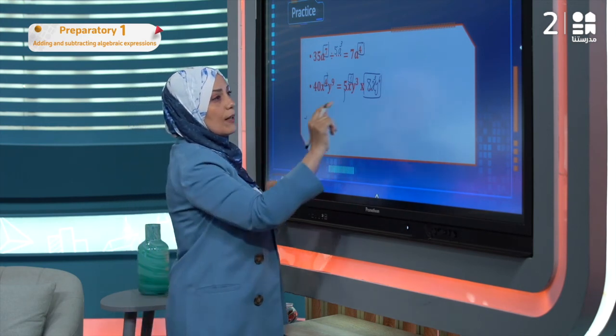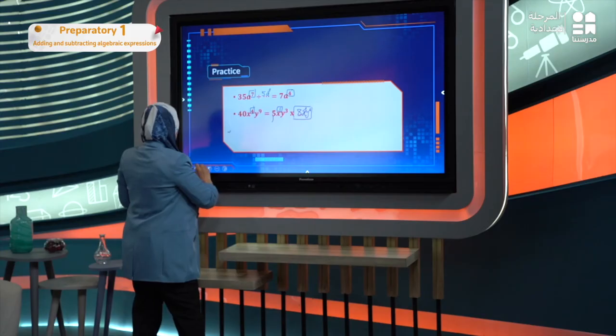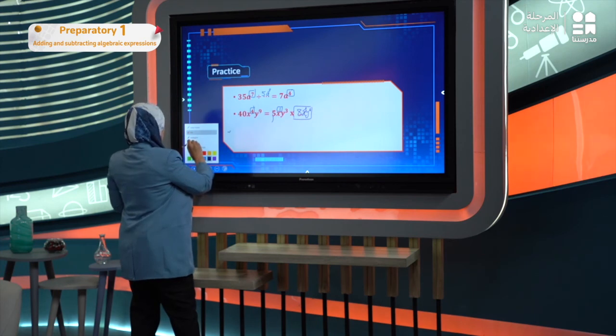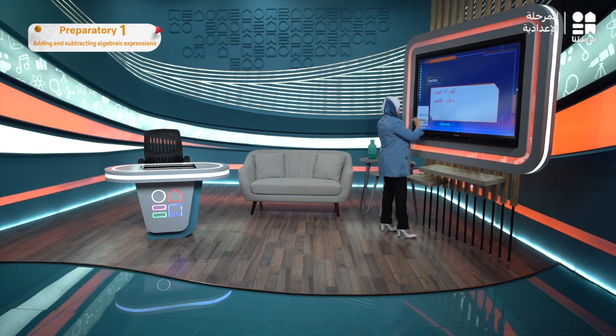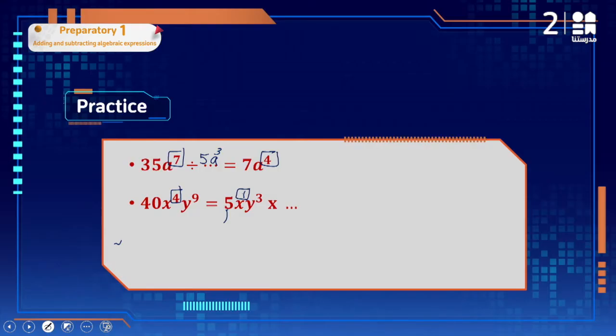So the final answer is 8x to the power of 3, y to the power of 6, because 5 times 8 is 40, 3 plus 1 is 4, and 6 plus 3 is 9.